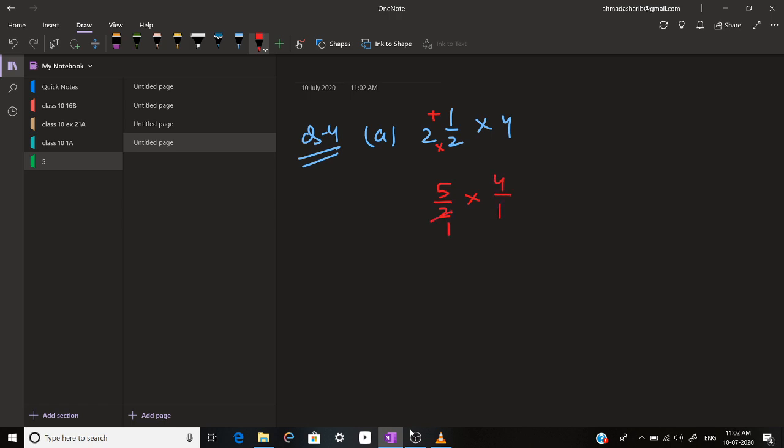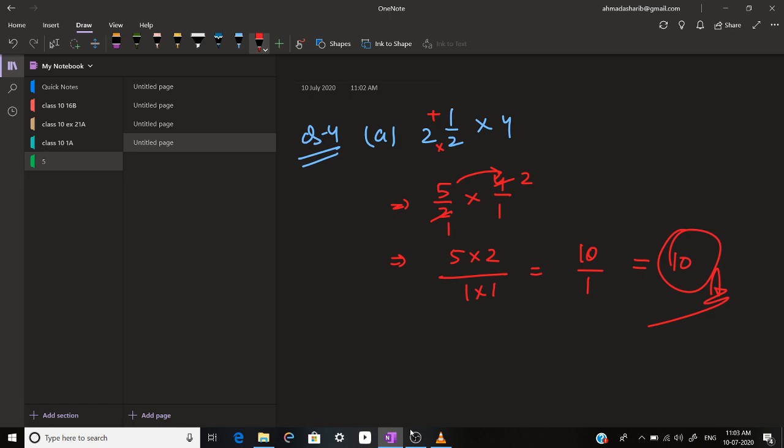Now 2 1s are 2, 2 2s are 4. Okay. So 5 into 2 upon 1 into 1 in denominator. So 5 2s are 10 upon 1. Now students, when there is 1 in the denominator, it is never written. You don't have to write 1 in the denominator, so the answer is only 10.